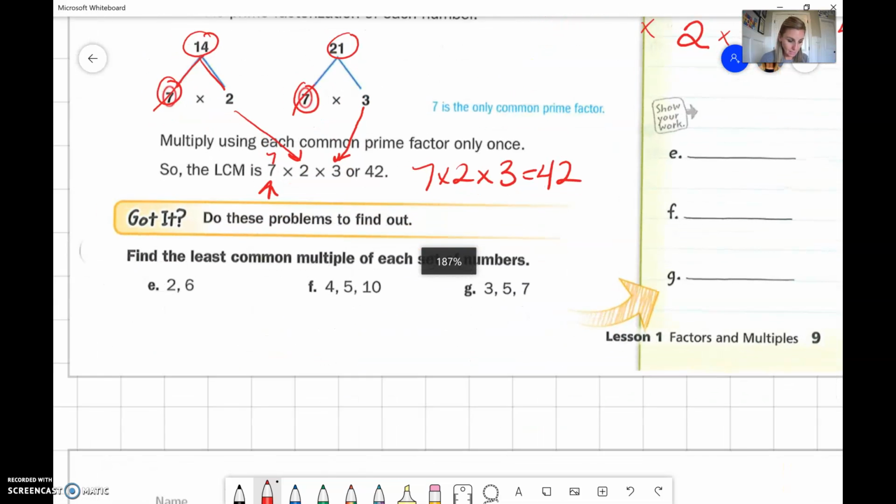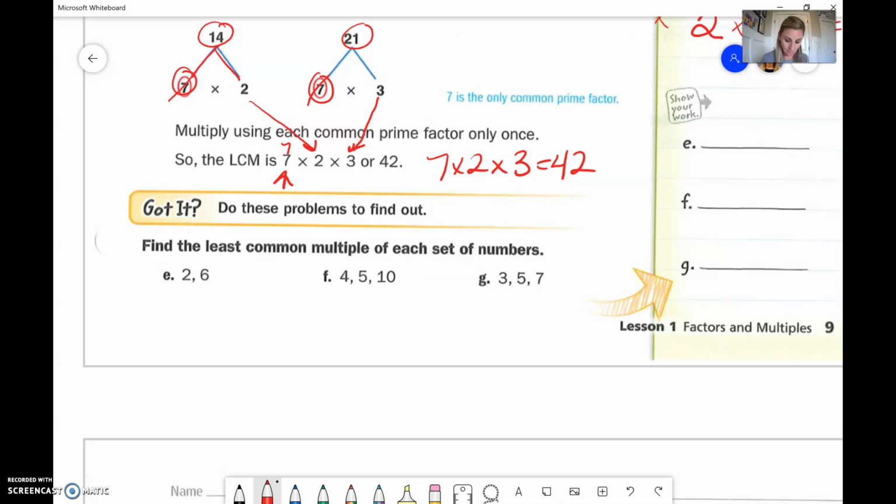Okay, so let's take a look at this. Let's do upside down division for this one, for E. So we're going to do 2 and 6. Remember, we're finding the least common multiple. Okay, what number can I pull out of 2 and 6? I can do a 2, right?